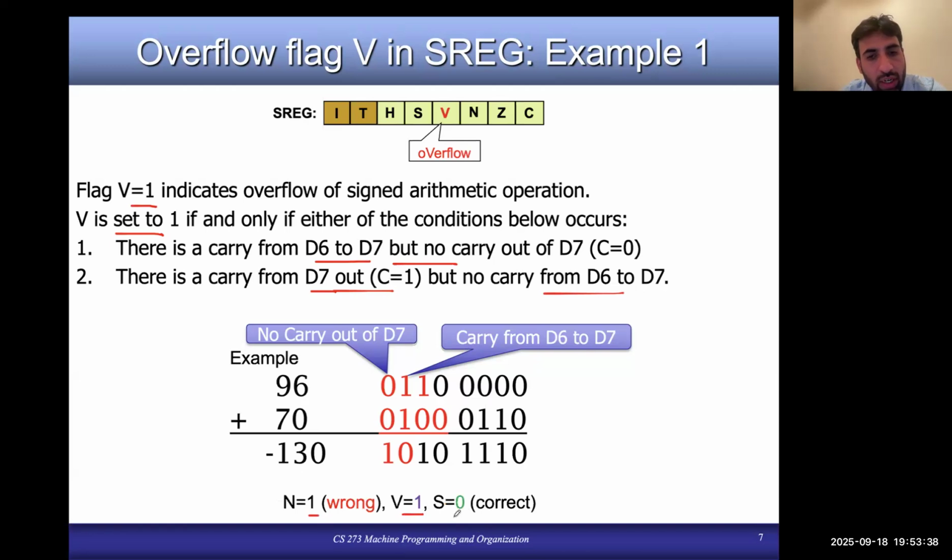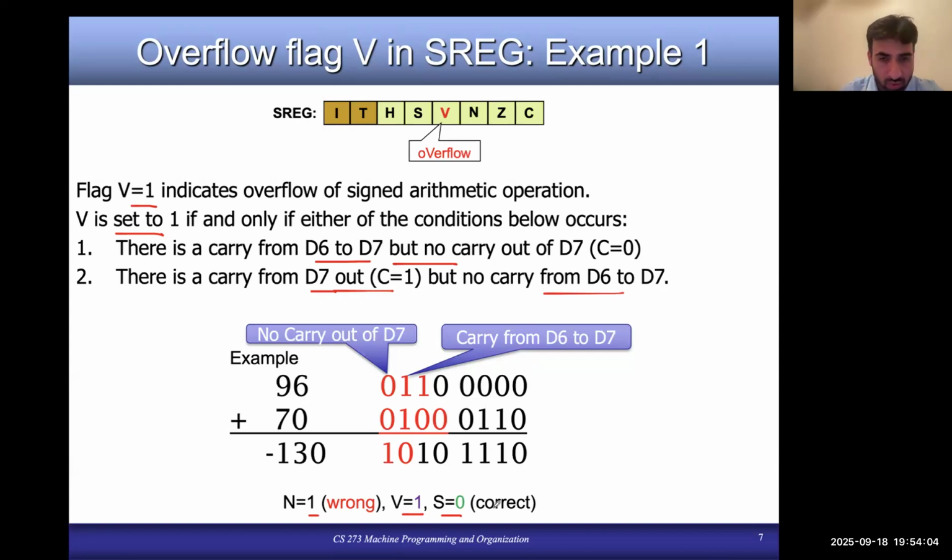In order to check whether our result is positive or negative, we will look at the sign flag. The sign flag is basically the exclusive OR of the negative flag and the overflow flag. So one exclusive OR one is 0, so the sign flag is 0.